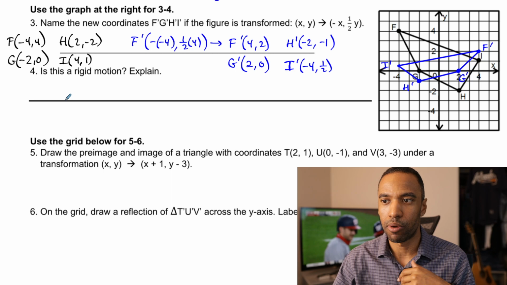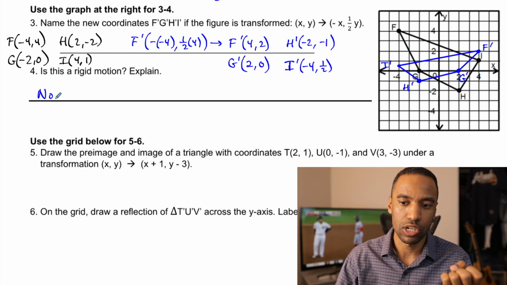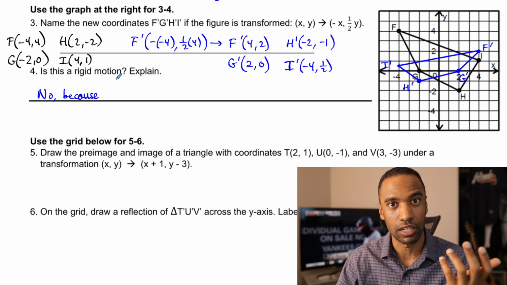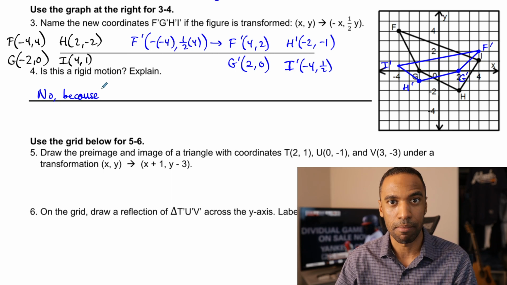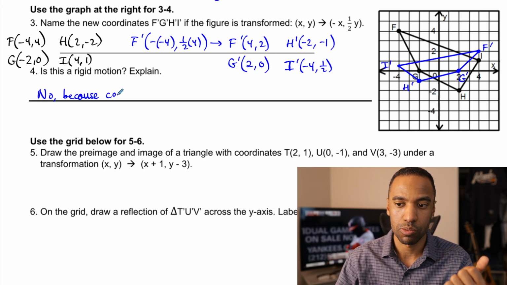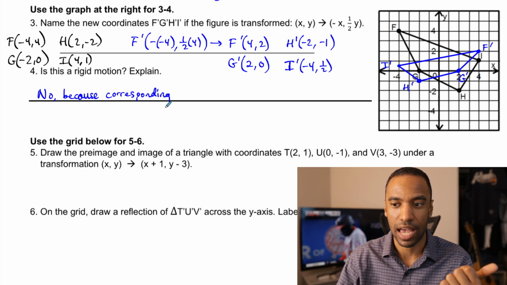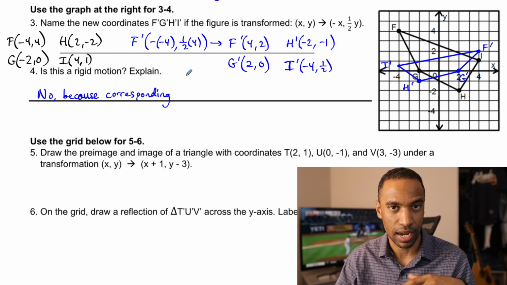Now, is this a rigid motion? No, this is not a rigid motion because a rigid motion means that all corresponding parts need to remain congruent. They need to have the same measurements, and by parts I mean sides, like side lengths, segments, and angles.